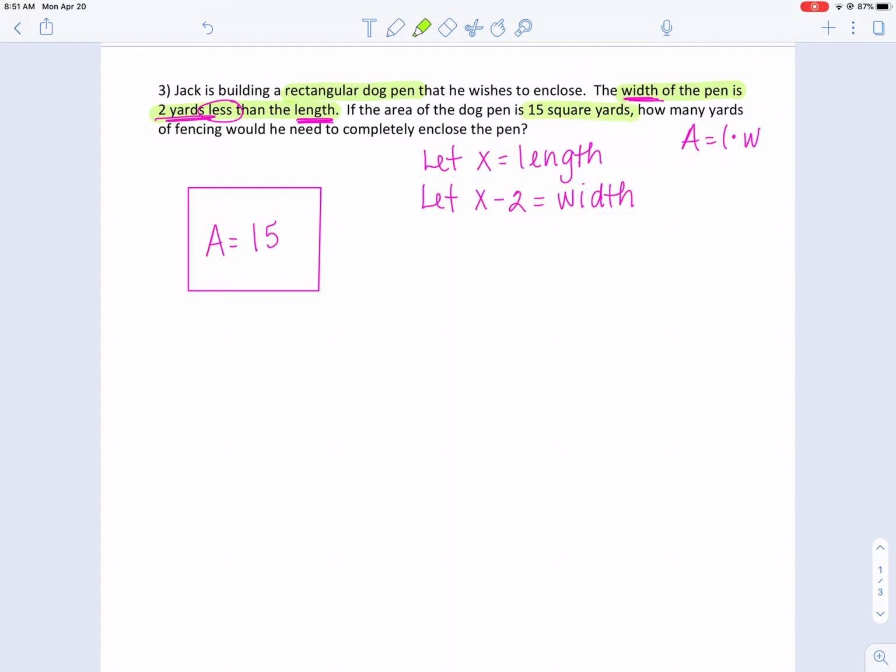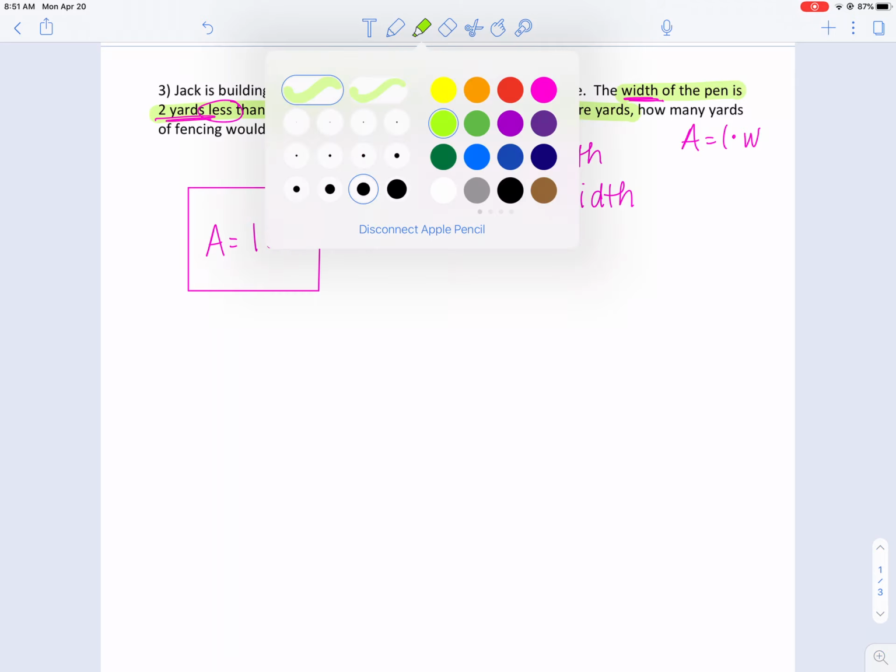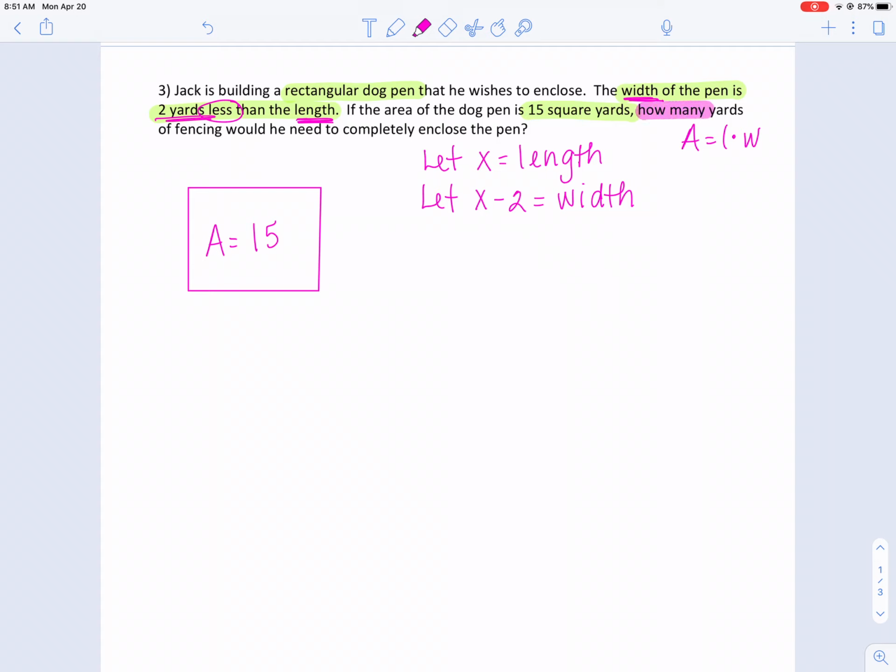Now, the question actually is asking, and I'm going to go new color for this, how many yards of fencing would he need to completely enclose the pen? So if I need to figure out how many yards of fencing would enclose the pen, what are they really talking about?